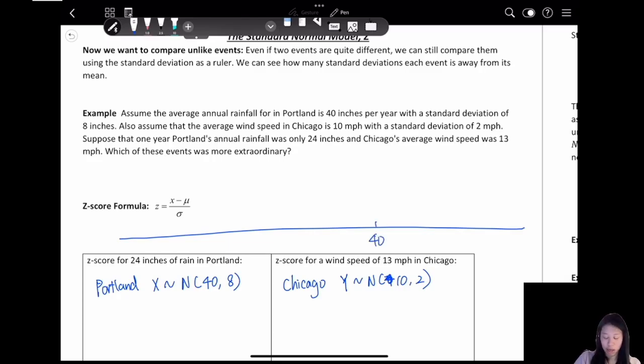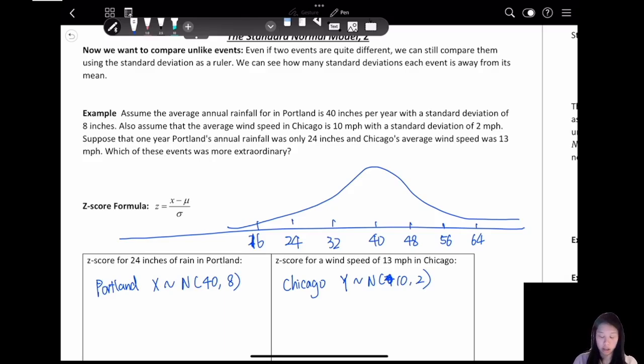So we know that this is our rainfall. It's going to look something like that, really centralized in the middle, which is the mean. So this is our rainfall for Portland.